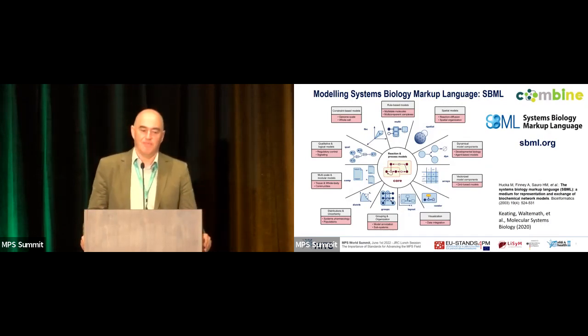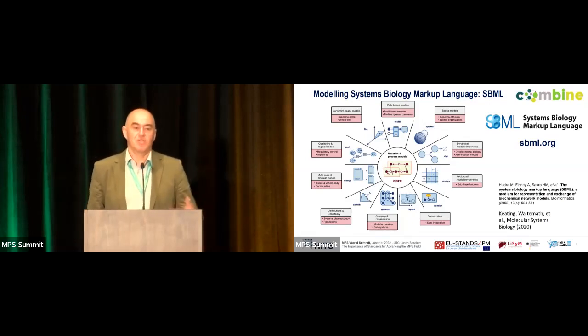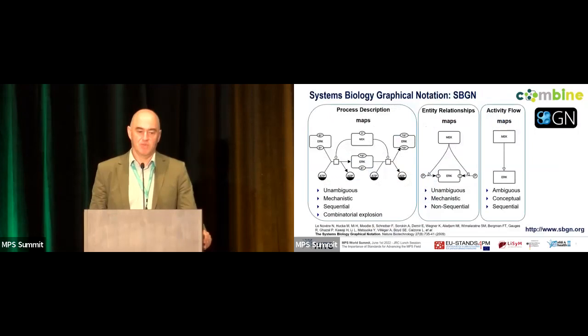In this example here, you see the systems biology markup language, SBML, and this can be used to have a standardized description of computational models of biological systems. I don't want to go into detail here, but this is a standard that was actually, as a grassroots standard, developed from the scientific community in order to exchange computational models on biological systems. And this can be used for different kinds of computational models.